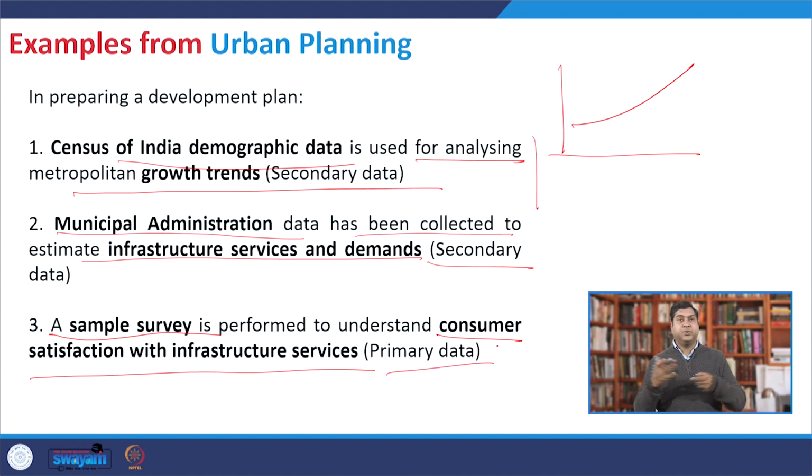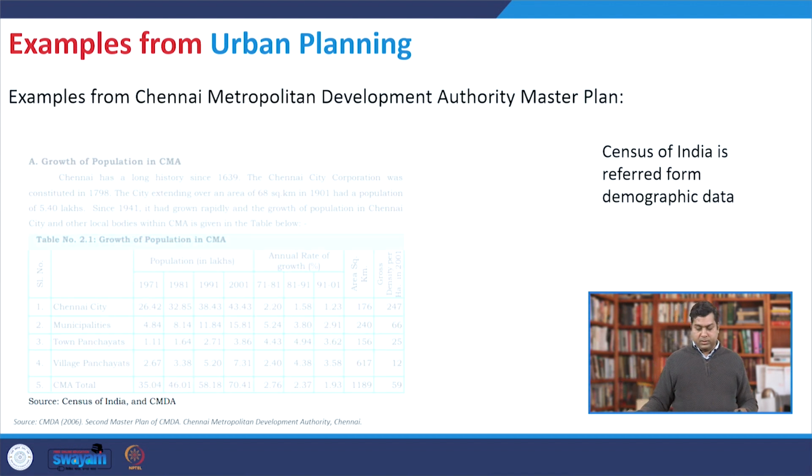This way you will find whether people are not satisfied with some of the infrastructure, or there are certain gaps which need to be improved, and you can make a proposal in the development plan. So in this case we use both secondary information and primary data collection into consideration.